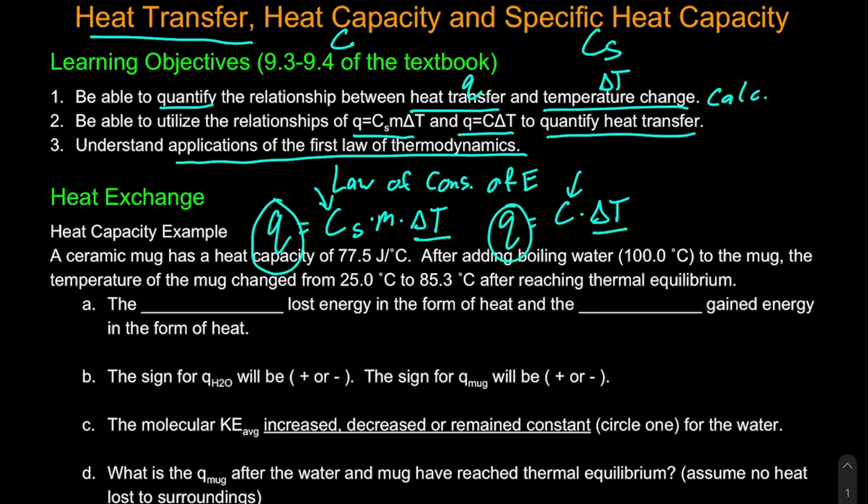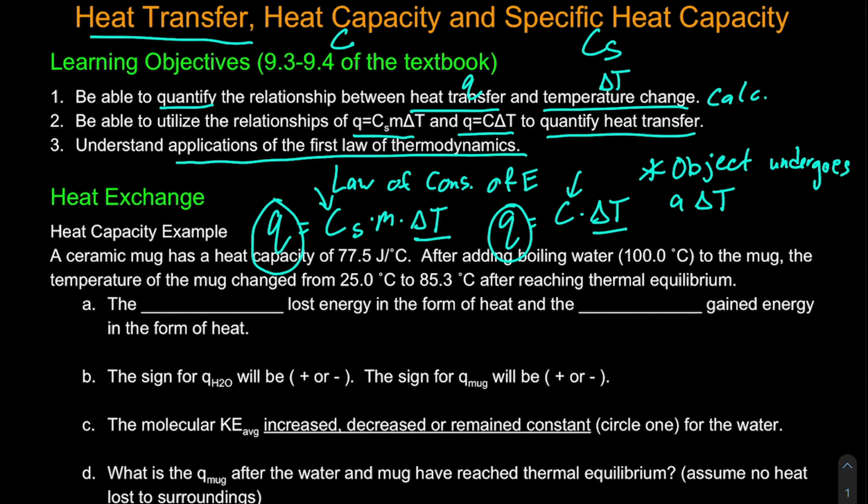Whenever we're looking at this, it's an object that undergoes a change in temperature, and it's going to release or absorb heat as it undergoes that temperature change. Now, we're going to work through a couple examples, and then I'll give you a chance to practice this on your own.